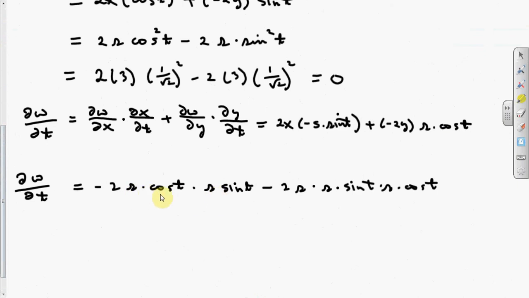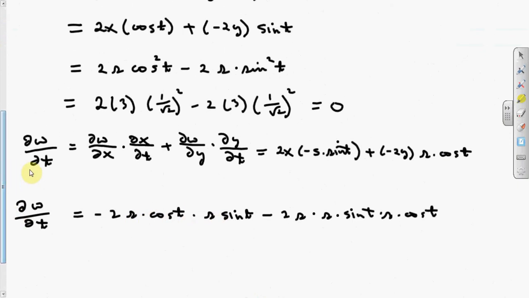Let's see, I'm missing an s somewhere. This is negative 2 times x. X is s cosine t.